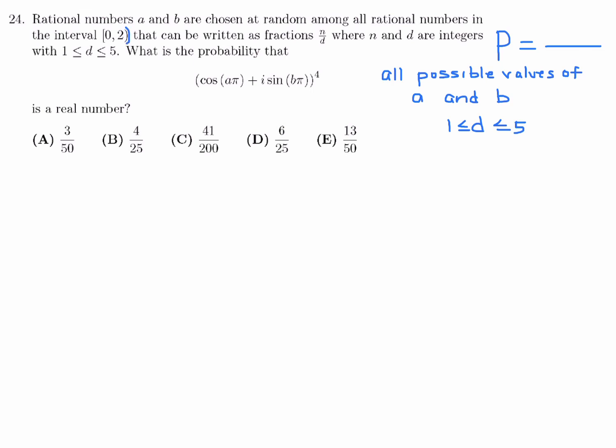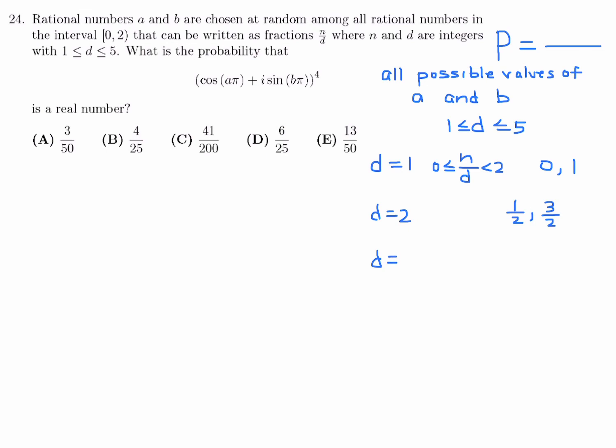That's what that bracket means. Okay, when d is 1, the only such numbers where n over d is between 0 and 2 are 0 and 1. When d is 2, the only such numbers are 1/2 and 3 over 2.